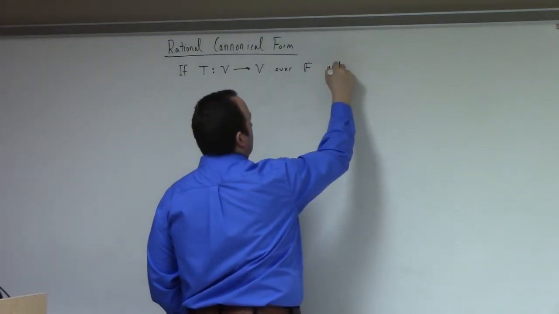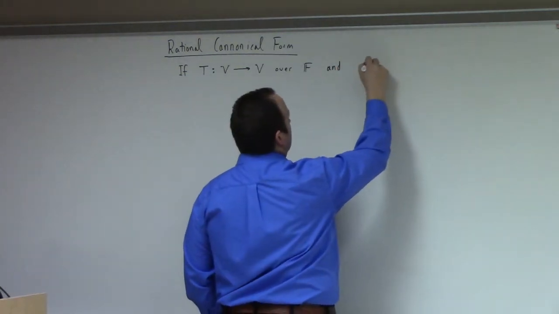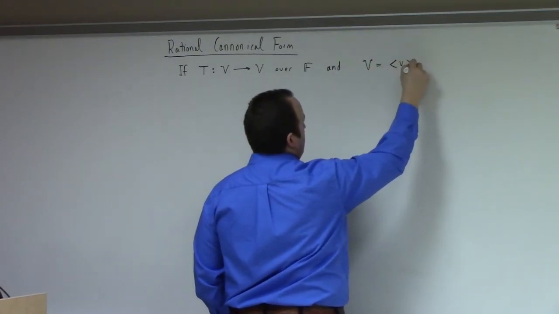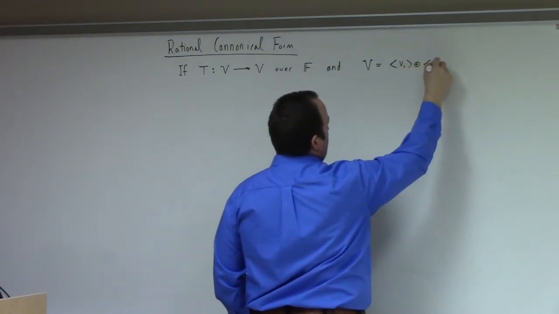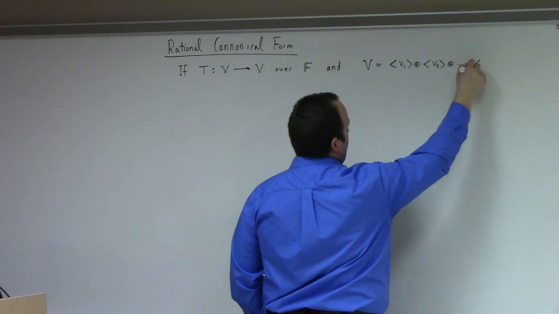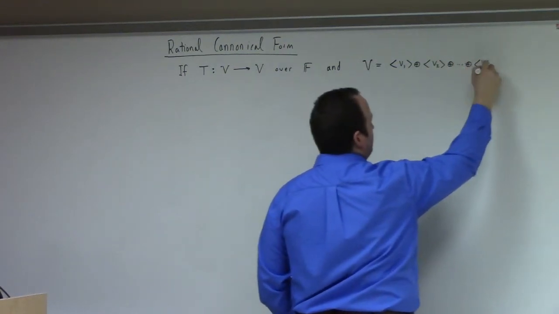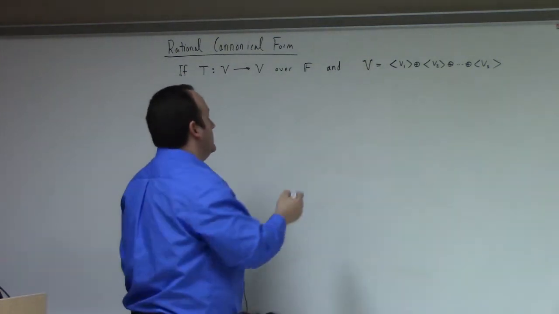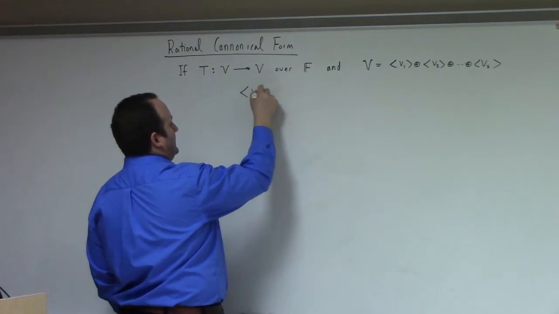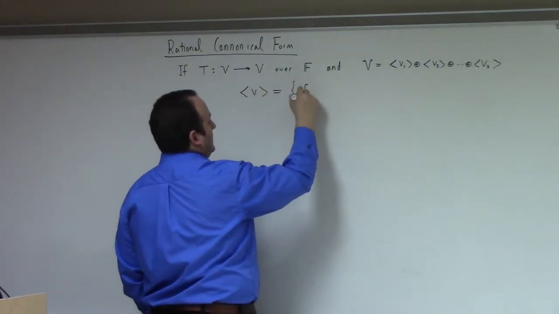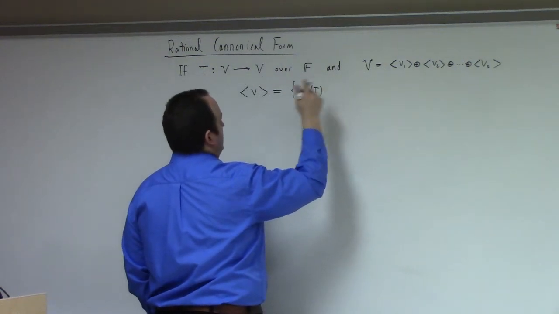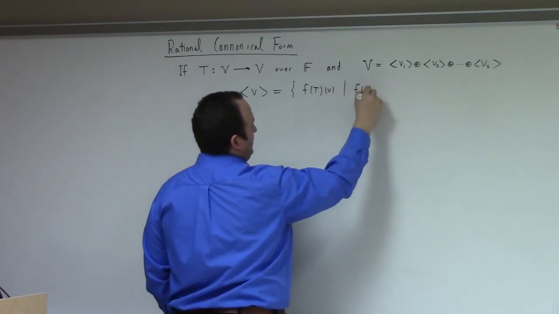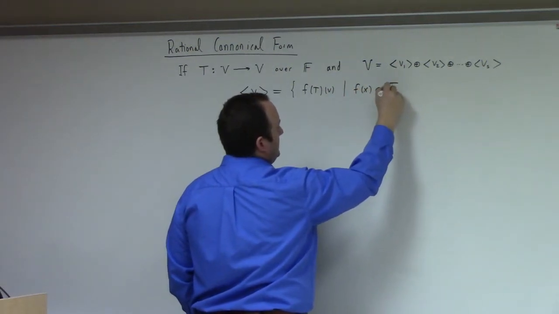And V is equal to, what is it? It's like this one, however many these are, S. Now this notation, what this means is it's the set of f of T acting on V such that f of x is a polynomial over the field.